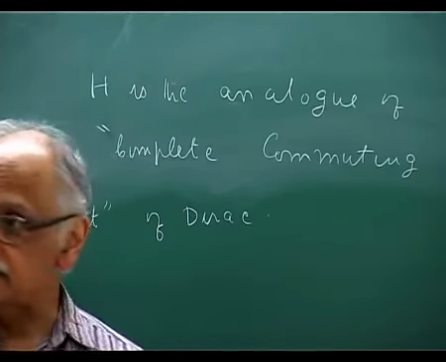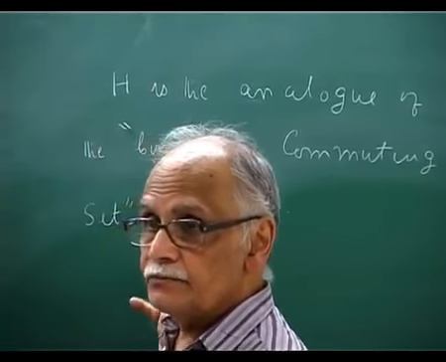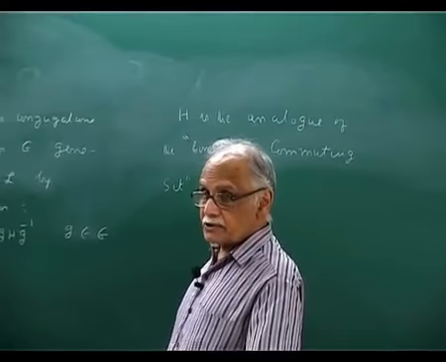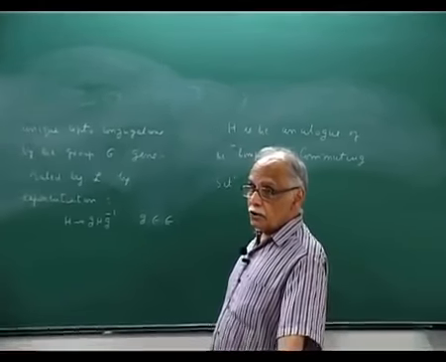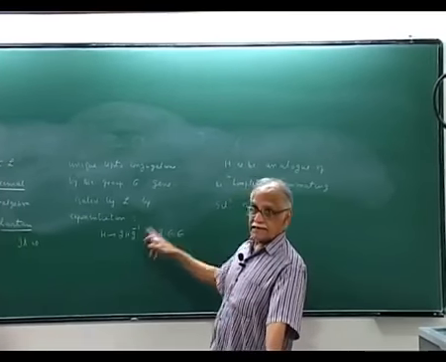In quantum mechanics, for the state labeling, or when you make observations, you have the concept of the maximal number of operators you can see. It's called the complete commuting set. It is the exact analog of that here.